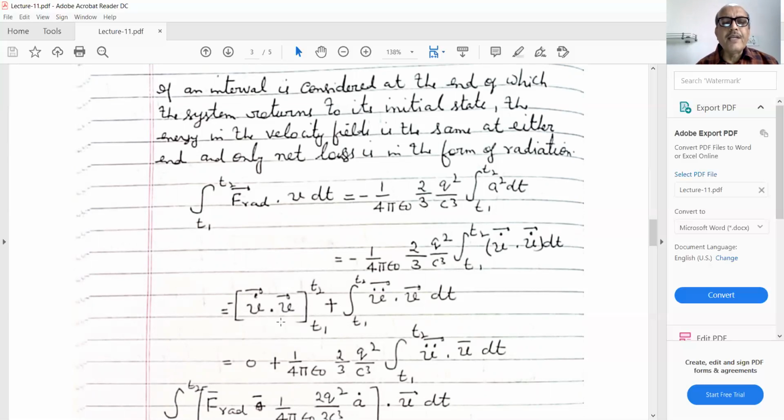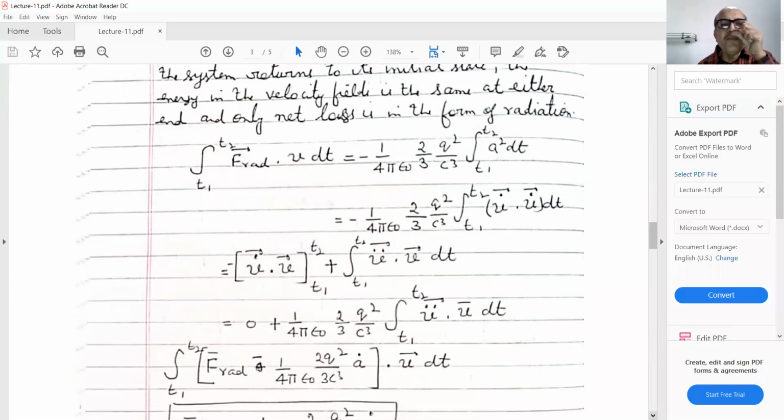The first term is 0, and then we have 1 upon 4 pi epsilon 0, 2 upon 3, q square upon c cube, integration t1 to t2 of v double dot, or we can also write a dot, dot v into dt. On the left hand side we have F dot v dt, and on the right hand side also we have v into dt.